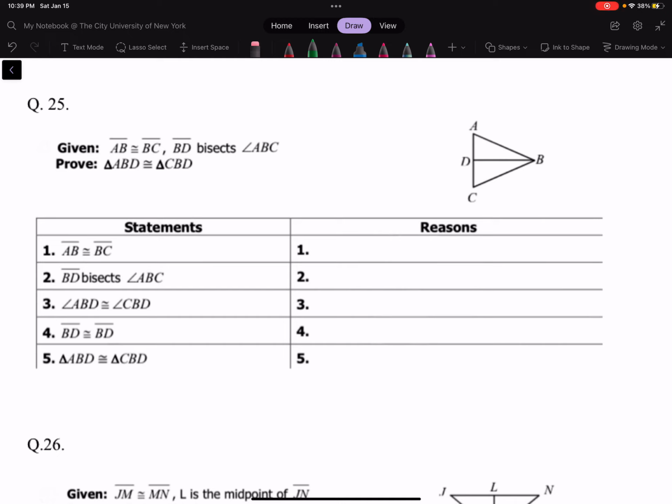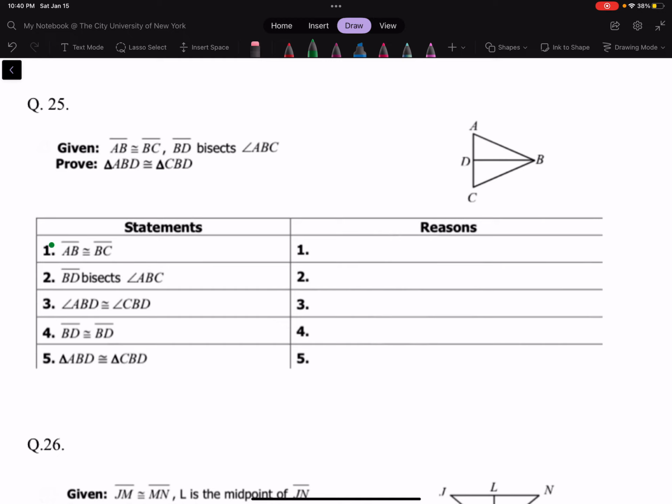So if you look at this, you will see that it tells you about these values which are given. Let's start working with them.